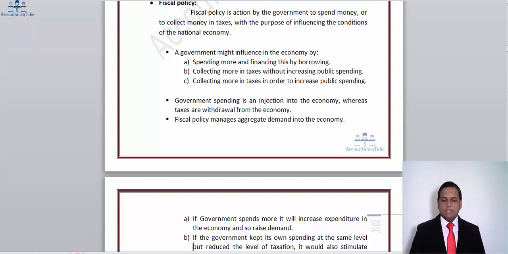Then we've got collecting more in taxes in order to increase public spending. Governments collect more and put more money into the economy. This is another way to create demand, to circulate money in the economy if it's becoming restricted to the hands of a few. This strategy is mostly followed by governments after a financial crisis.